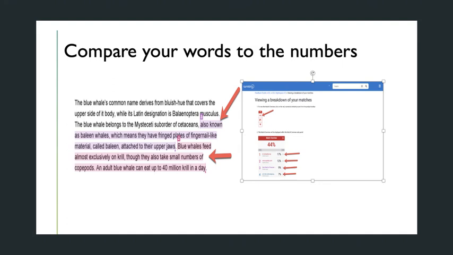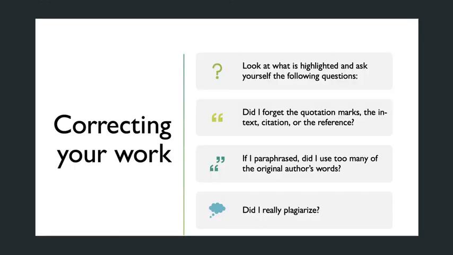Now, some professors do have Turnitin set up so that you can do multiple submissions. If you are able to do multiple submissions, this means that you can go back to the paper that you submitted, go to your original, and make the corrections there.